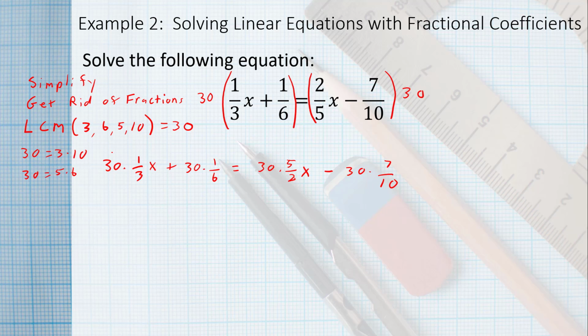Okay, now 30 times 1 is 30, divided by 3 is 10, so we have 10x here. 30 times 1 is, well, 30 divided by 6 is 5. And I have a mistake. I inverted some numbers here. Let me see if I can fix that. This should not be 5/2, this should be 2/5.